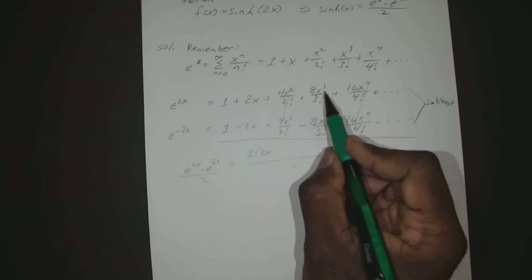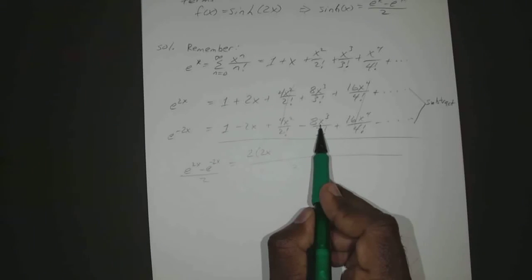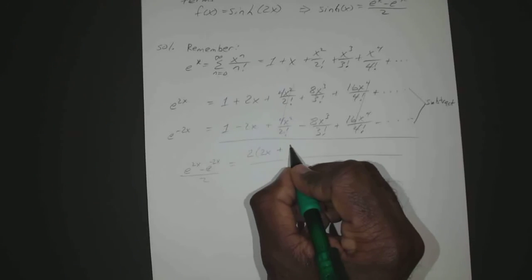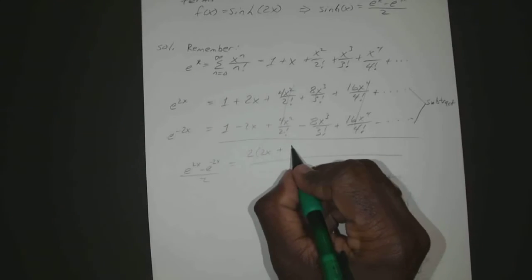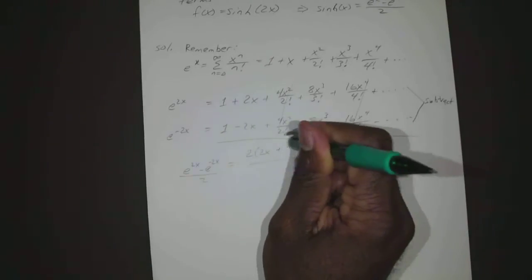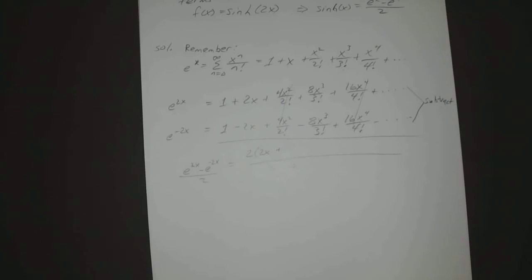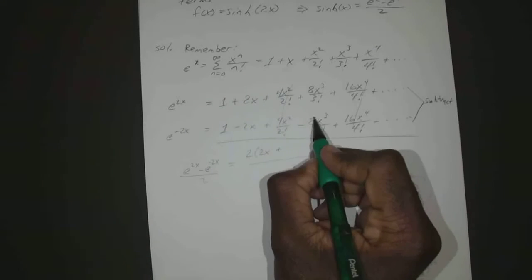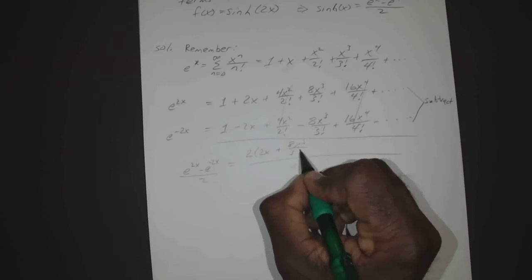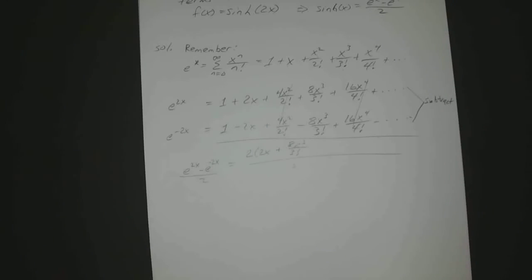Okay, so here you have 2 times 8x to the third. Oh, 4x to the third, sorry about that. Okay, so 2 times 8x to the third over 3 factorial.